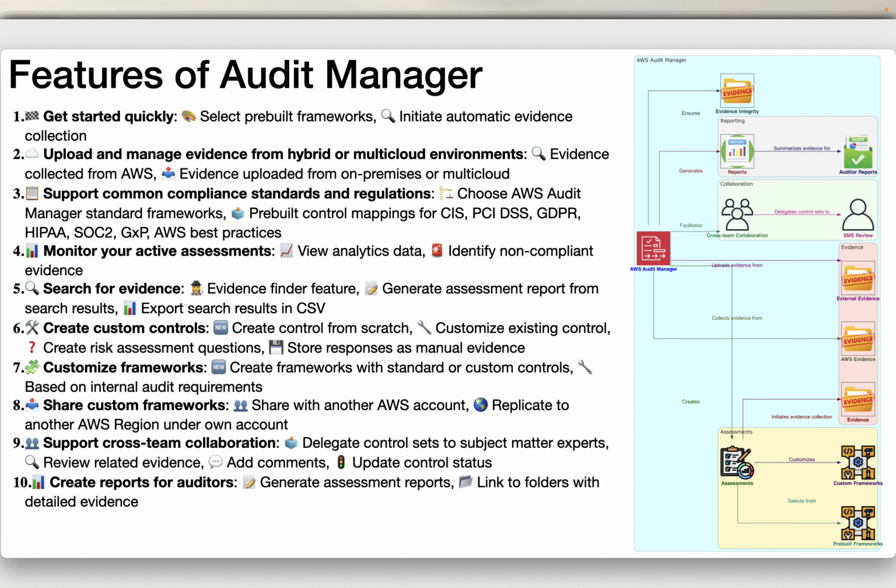You can generate assessment reports that summarize the relevant evidence that is collected for your audit and link to folders that contain the detailed evidence. You can store your evidence in a secure location where it remains unaltered.